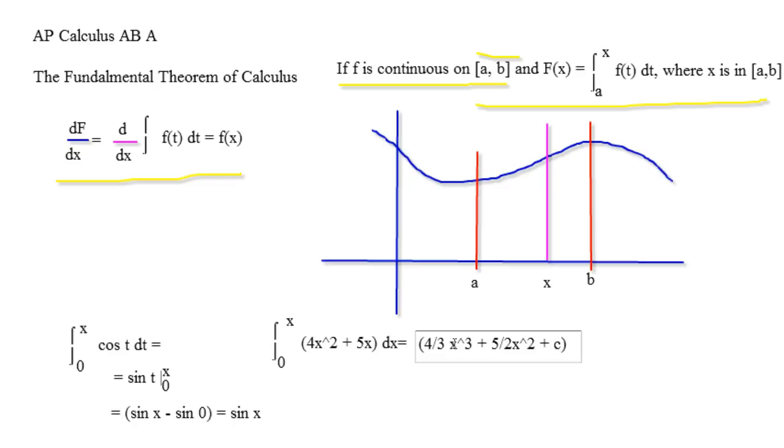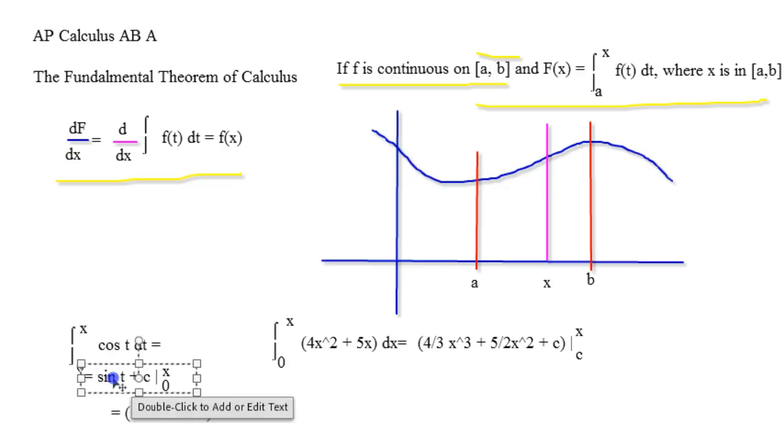Remember, whenever you're doing the antiderivative, you always have to do the plus c. Oh shoot, I should have done the plus c over here. Duh. Let's go back. This one should have been plus c.